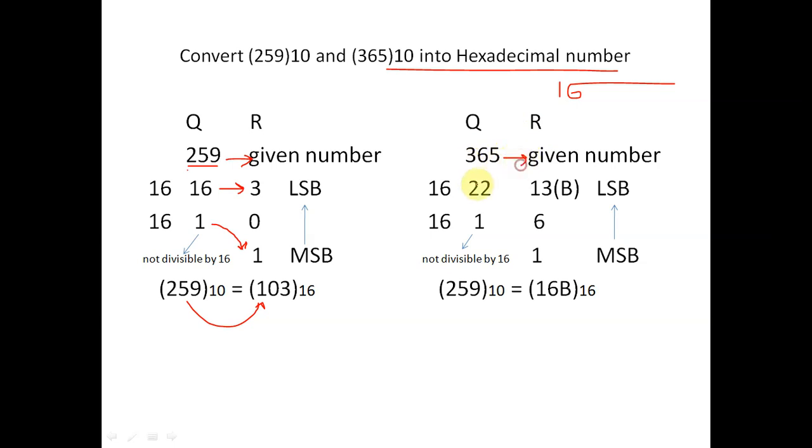Now 365 is the given number. This given number is divided by 16. After dividing 365 by 16, the quotient is 22 and the remainder is 13.